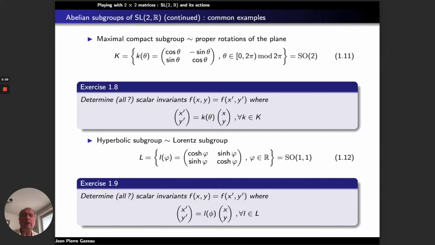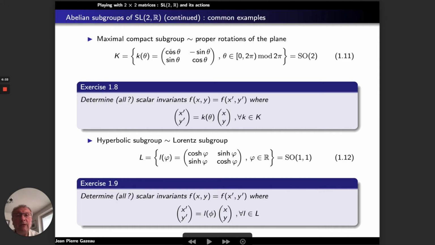So now, another important subgroup is called the maximal compact subgroup of SL2R. It is made of all proper rotations of the plane. So I will denote it by capital K. It's made of all rotation matrices, determined by some angle theta between 0 and 2 pi, modulo, of course, 2 pi.